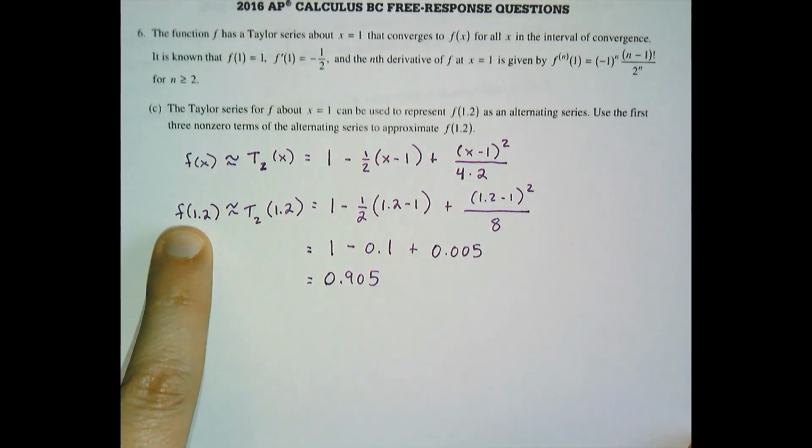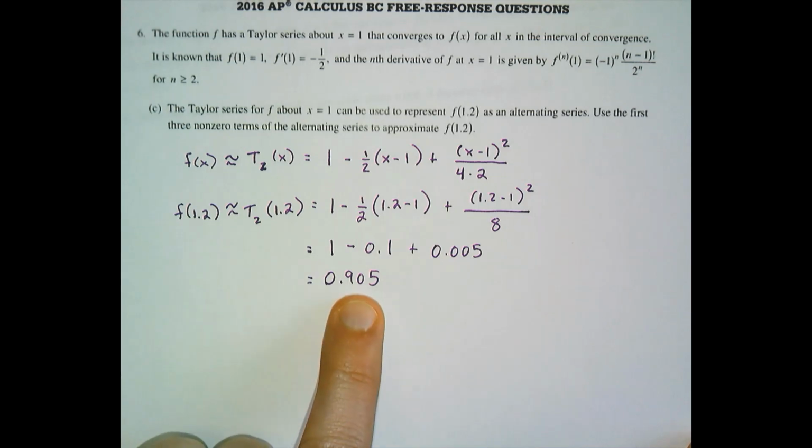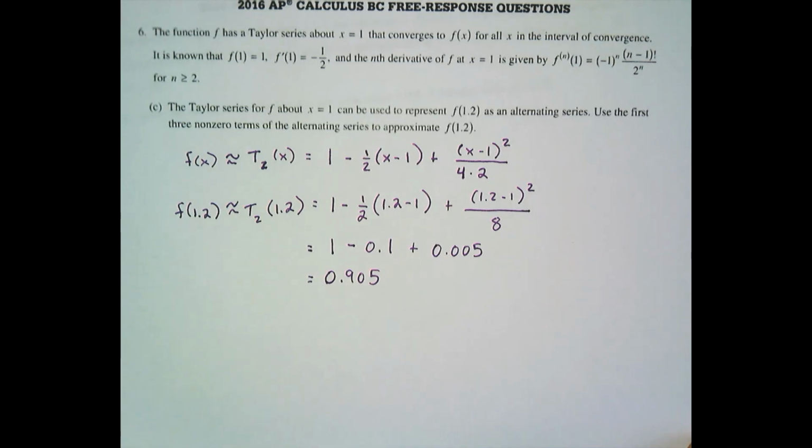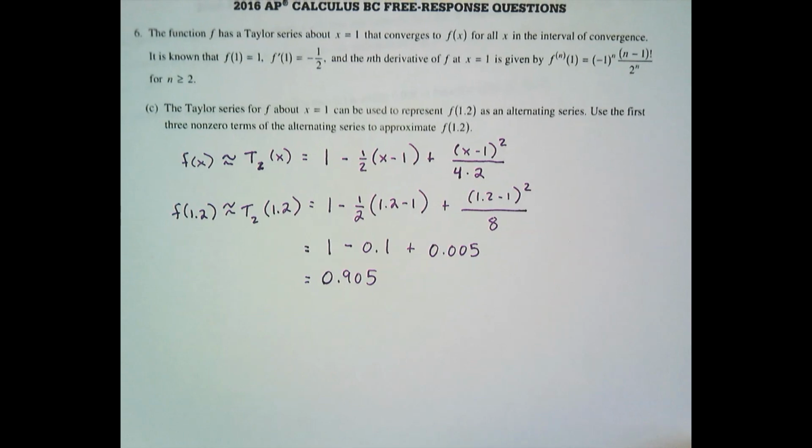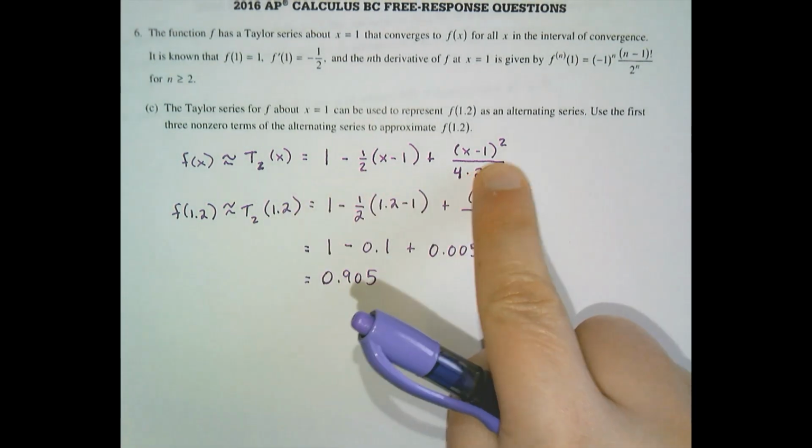The function at 1.2 is near 0.905, or at least our Taylor polynomial predicts that it's near. This is the first 3 terms, which is the second degree.